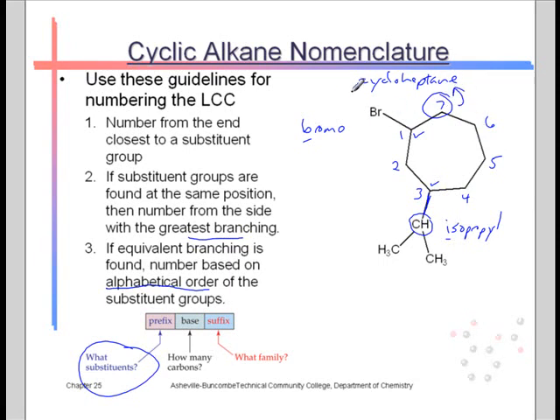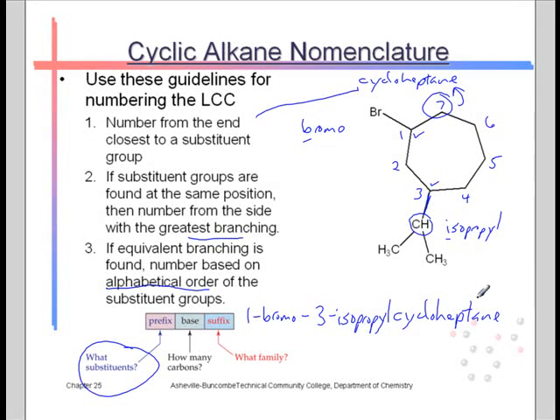And now we need to construct the prefix for the name, and let me just move everything down here. I have the 1-bromo. I have at the 3 position the isopropyl group. That completes the prefix, and then there's the parent name, cycloheptane.